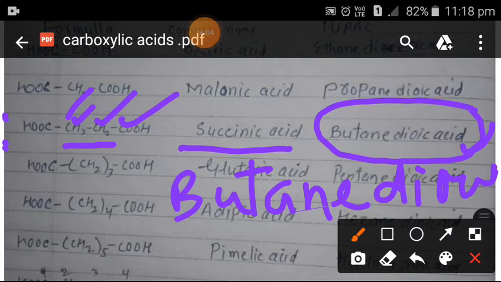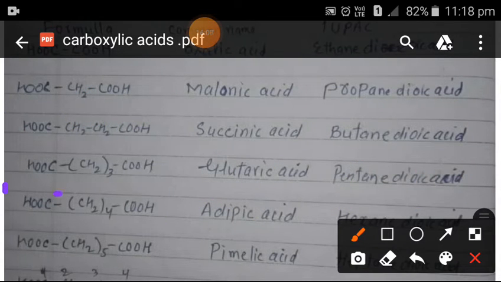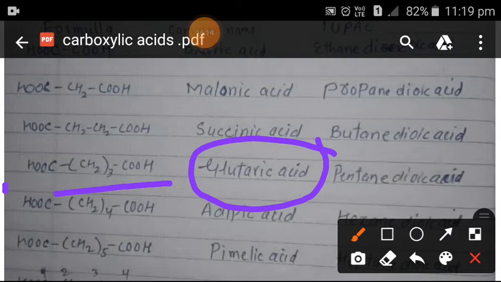Clear? So you are using the IUPAC nomenclature rules here to write the IUPAC name of any molecule. Similarly, you will see here the molecule is glutaric acid. This is the common name of the compound. So what will be the name of the compound? First you must count the number of carbon atoms. There is the first carbon atom, then three CH2 carbons.